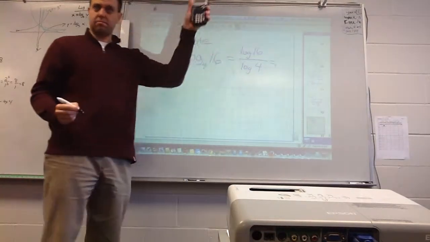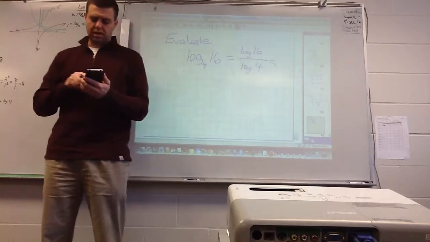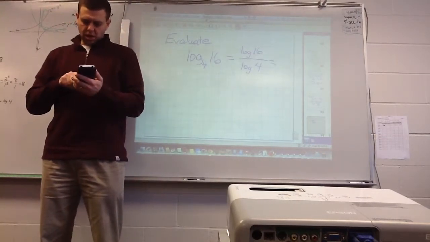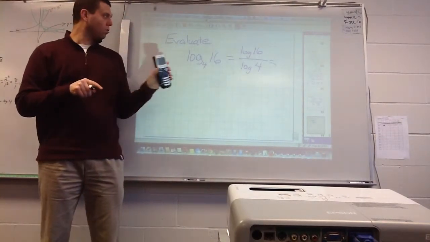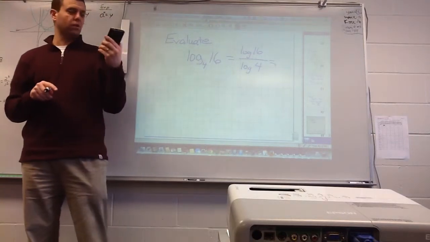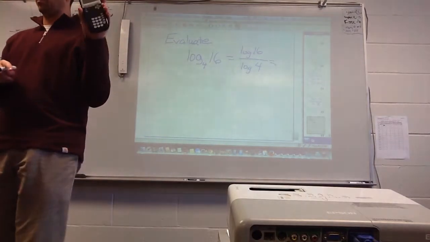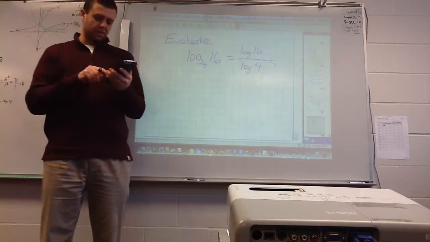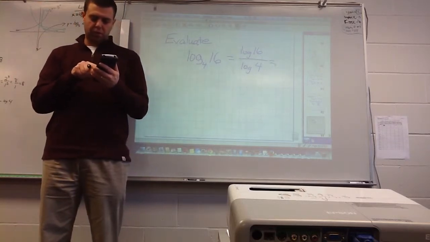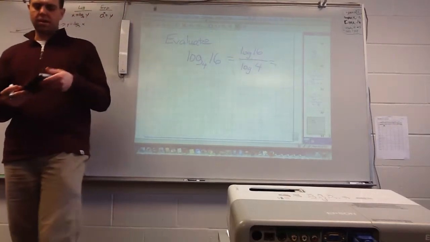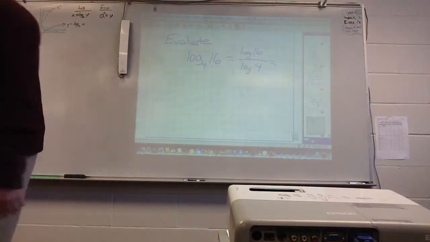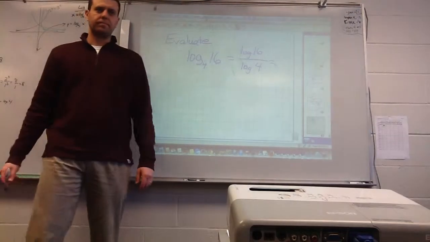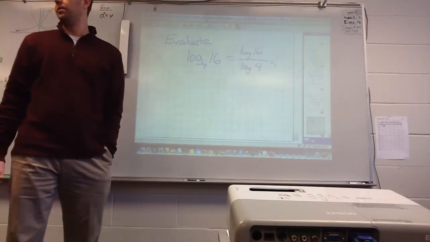Try that, and make sure you can do it on your calculator. Log of 16, make sure you close your parentheses, because if you don't close your parentheses, it won't work. Log of 16 divided by the log of 4. Are you getting 2?